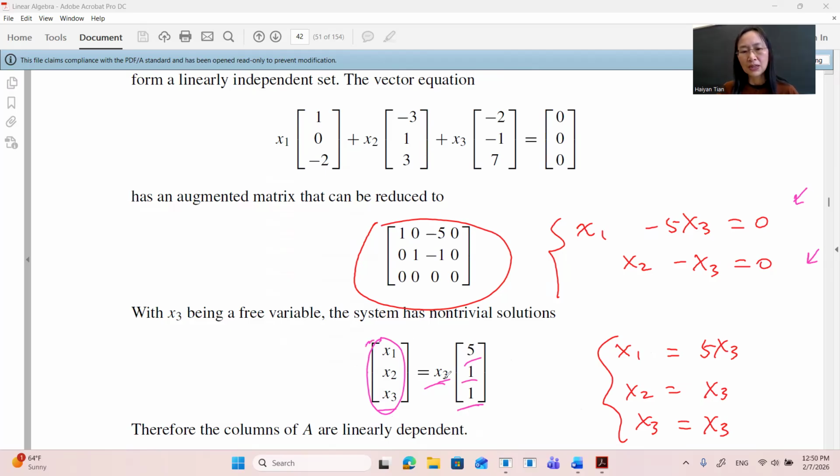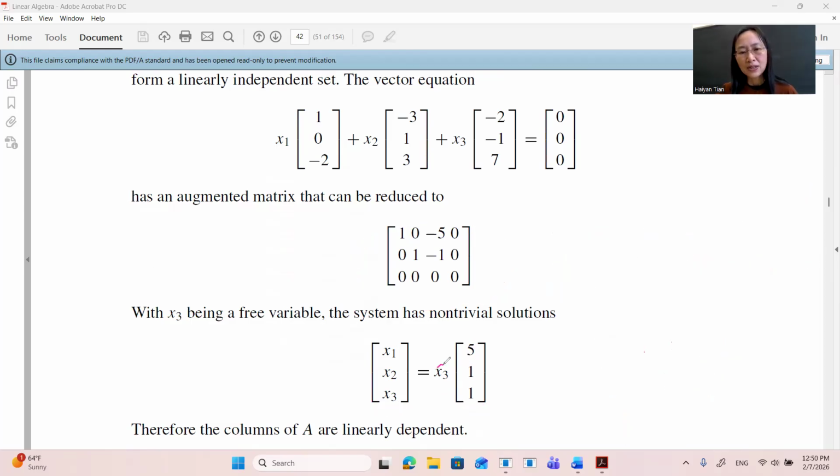So immediately we notice non-trivial solutions, right? When x3 is not 0, then we have a non-trivial solution. When x3 is not 0, at least one of the entries will be non-zero. As long as one entry is non-zero, that is already enough to say it's a non-trivial solution.